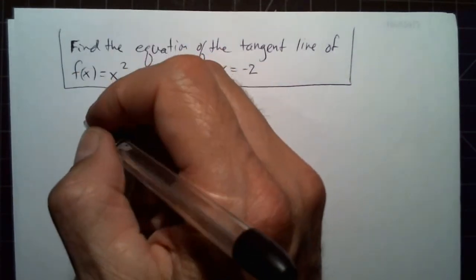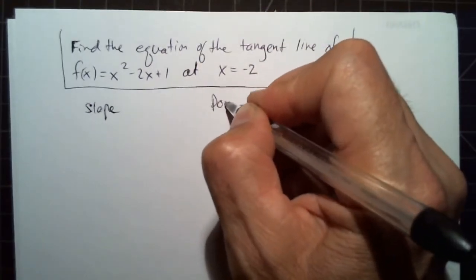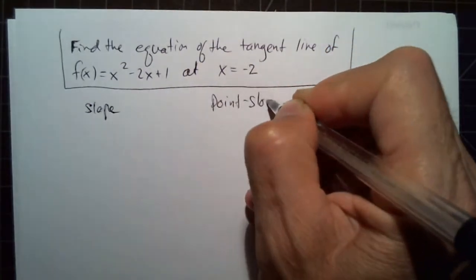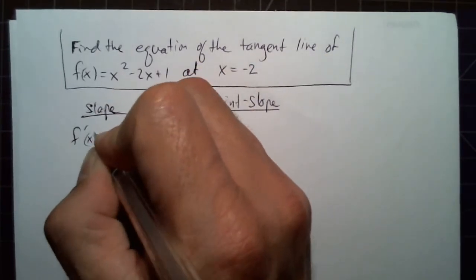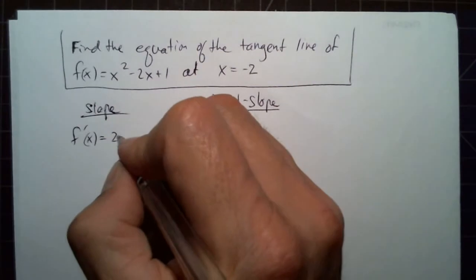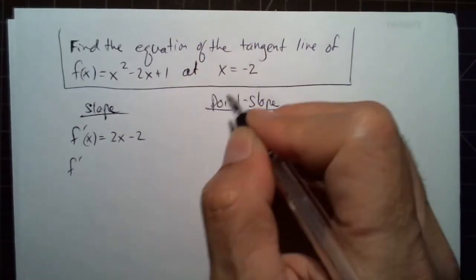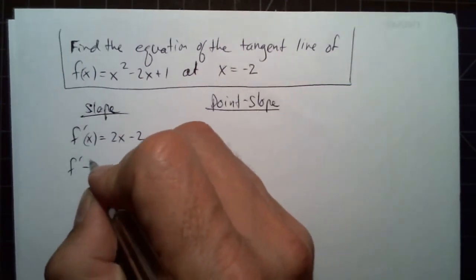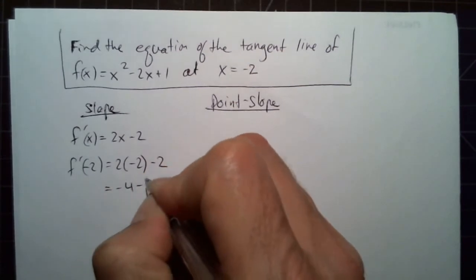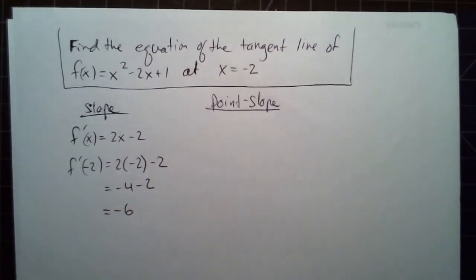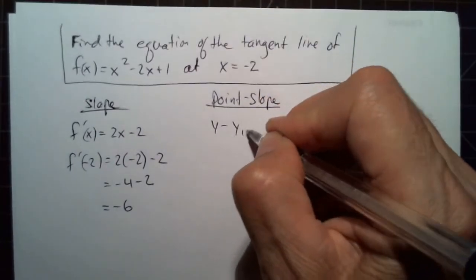Alright, pause the video and try that one. So we have 2x minus 2 is the derivative. Let's evaluate it at negative 2. Negative 4 minus 2. So we have the slope, and then we need point slope.